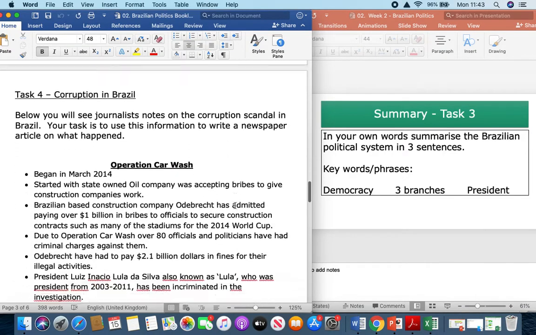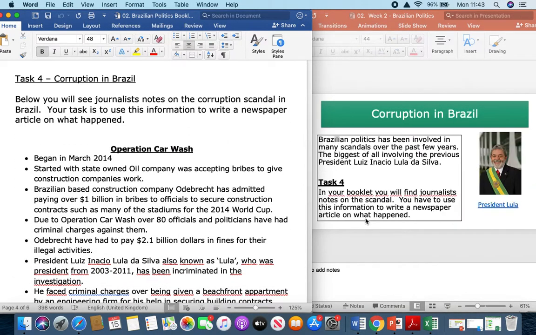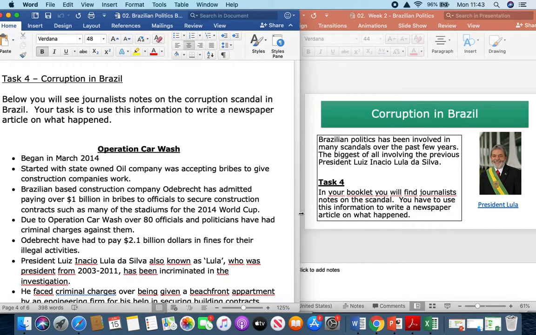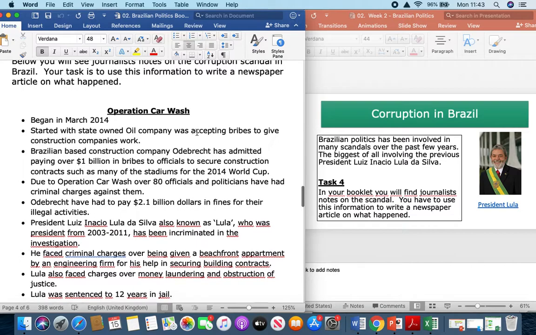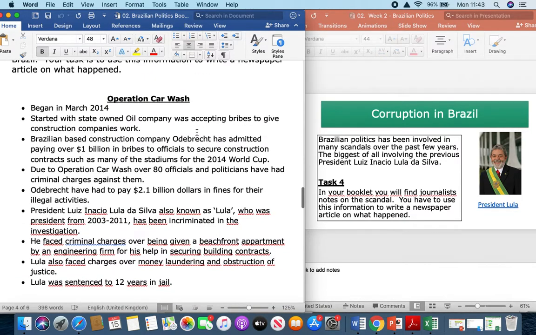Task 4, corruption in Brazil. This is where you are going to be writing a newspaper article. You'll see some journalist notes, corruption scandal. Here's Operation Car Wash, which was a big one.